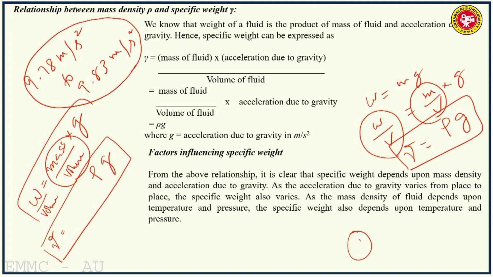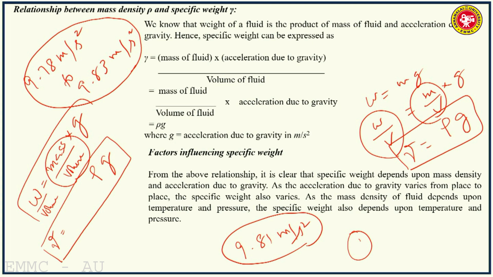If the g value is given, you have to take that g value. If the g value is not given, let us take 9.81 meter per second square as the standard for our conditions, for our place.